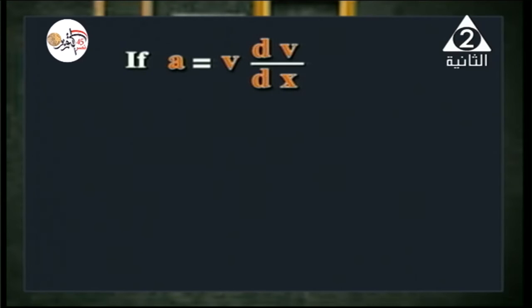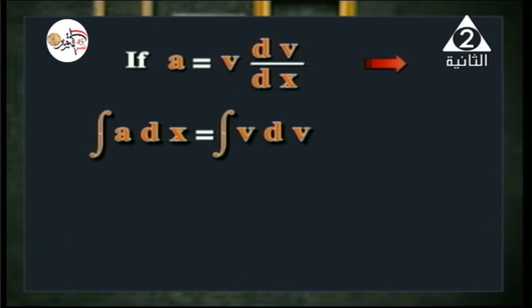My dear student, acceleration we can put as dv over dt or v dv over dx. Therefore, by using cross multiplication and integration, we know that the integration of a dx equals the integration of v dv.